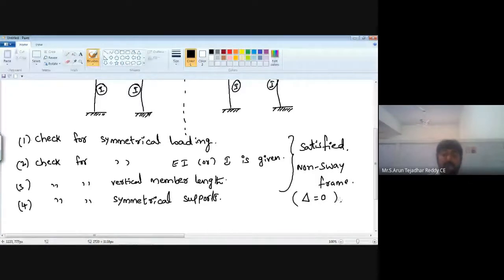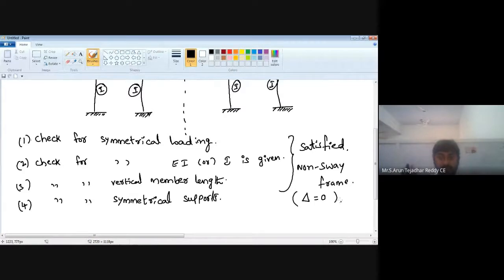Always zero. Suppose the problem gives that joint B sinks by 10 mm, joint C sinks by 20 mm, like that, then we need to take the delta value. Otherwise, if no deflection value is given, then in the non-sway frame your delta is always zero.